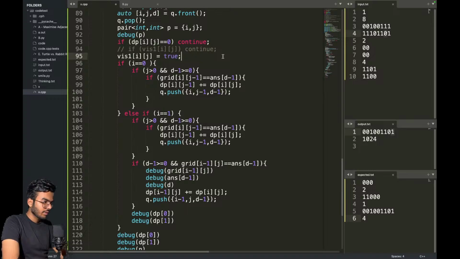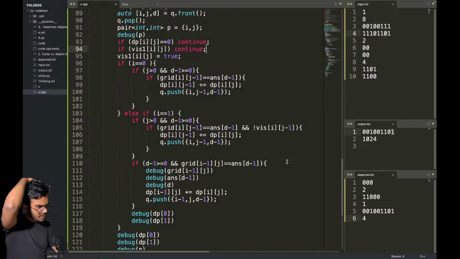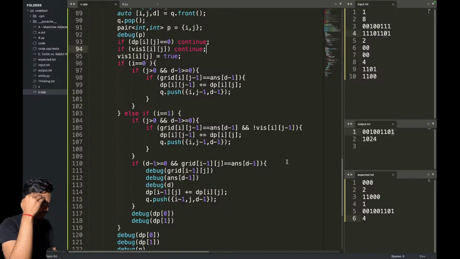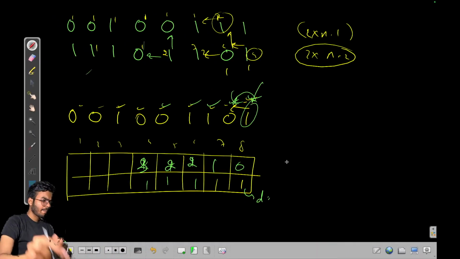Yeah, so I will say visited of I, and so there is one more condition. Okay, so if it was already a visited array, no, I don't think this is working.